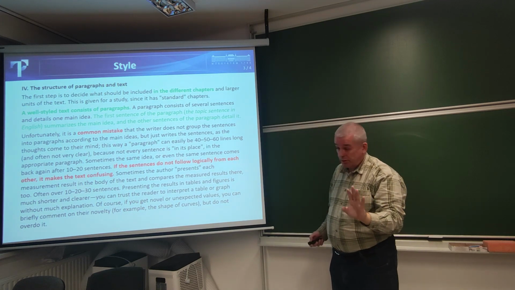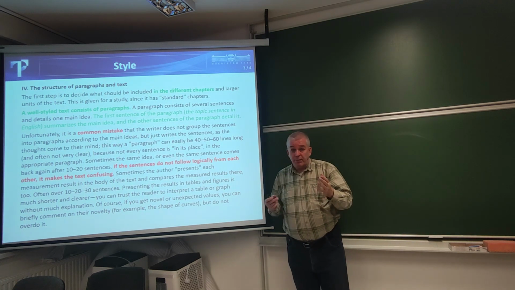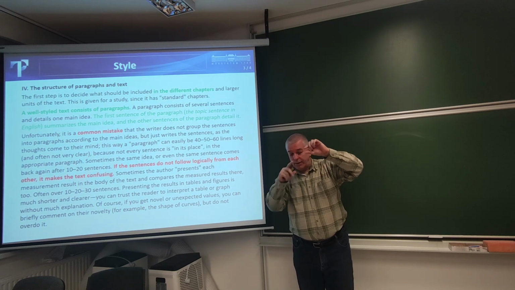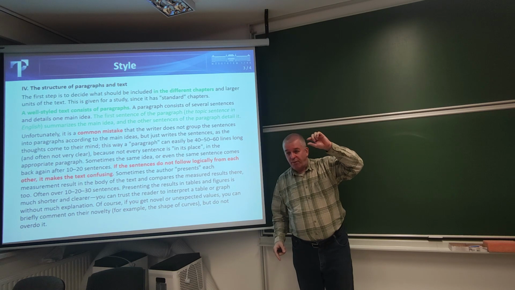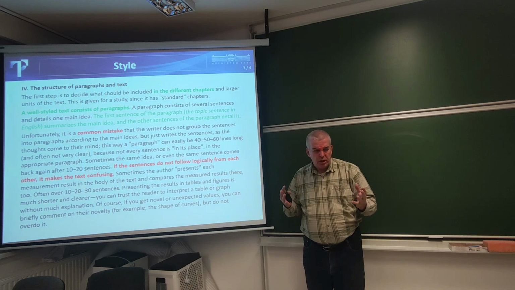Often happens. And sometimes it means that the writer writes something and forgets that they wrote this already and writes the same thing 25 sentences later. Because it has no structure.